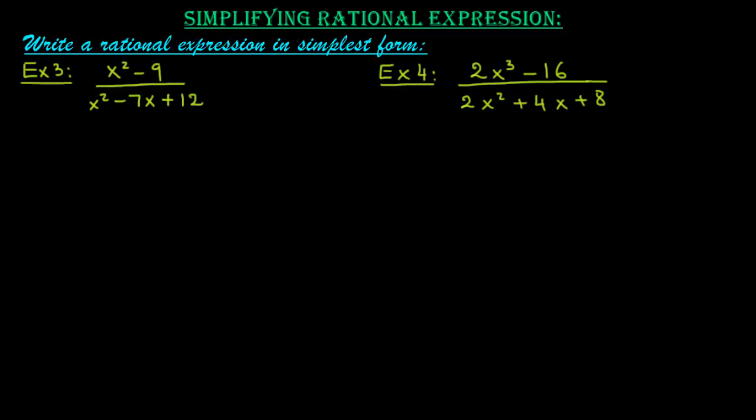Alright, example 3, we have x squared minus 9 divided by x squared minus 7x plus 12. So I pick out x squared minus 9. Since the square and the minus remind me of the difference of squares, I'm thinking, can this number be rewritten as a number raised to the second power?